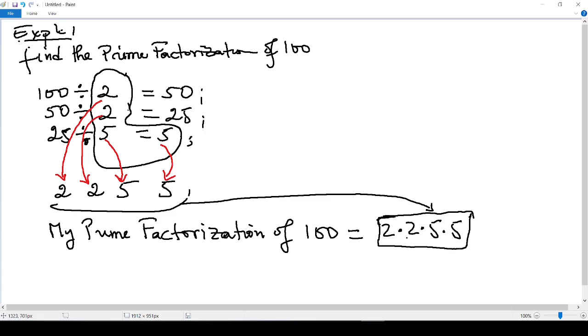How many times do we have 2 there? 2. This is equal to 2 to the second times 5 to the second, because we have 5 multiplying itself twice and 2 multiplying itself twice. So this is a better approach if you don't want to just write them straight like that.